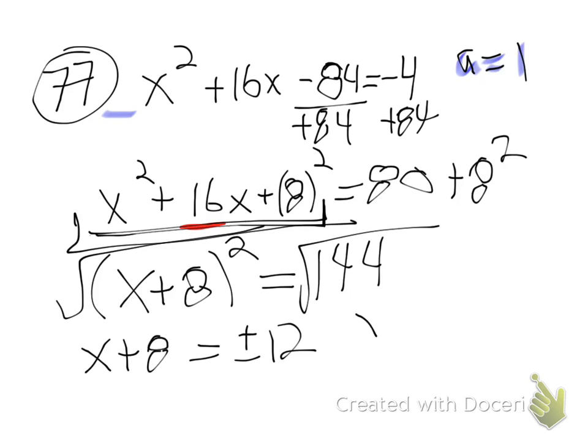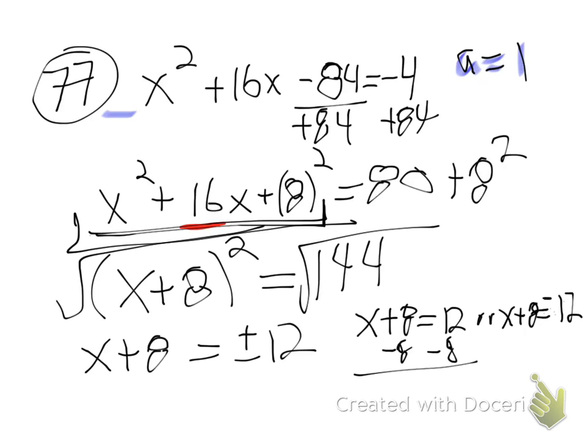We got x plus 8 equals positive 12, or x plus 8 equals negative 12. So we subtract 8, we get x equals 4. And subtract 8, we get x equals negative 20.